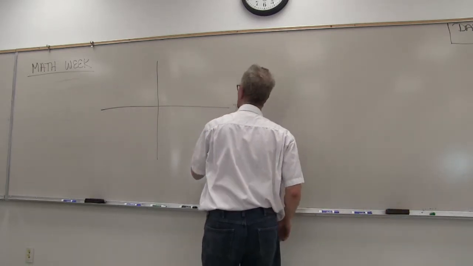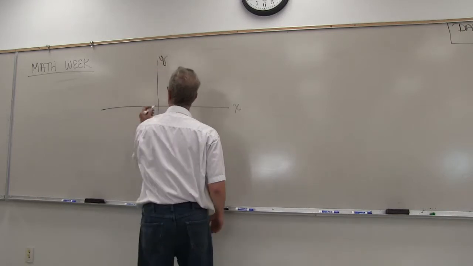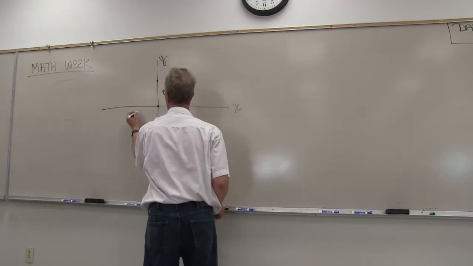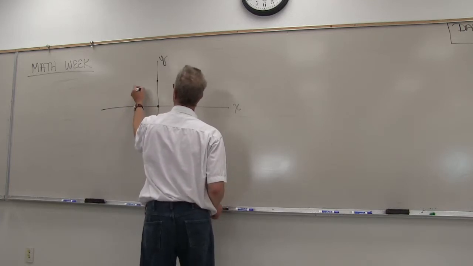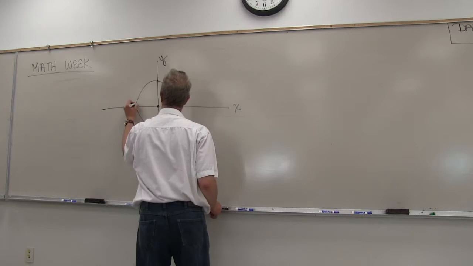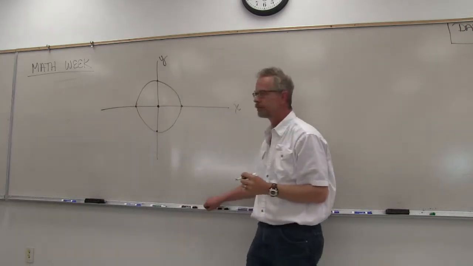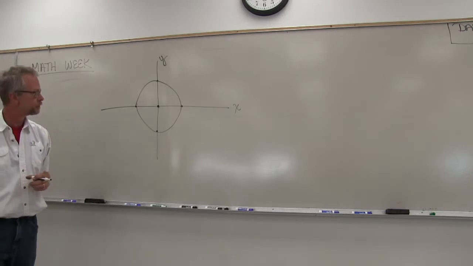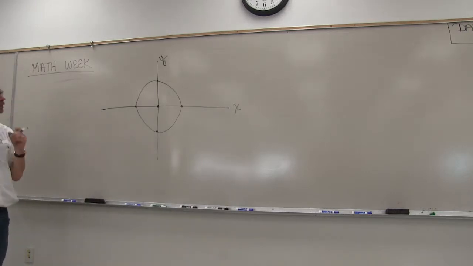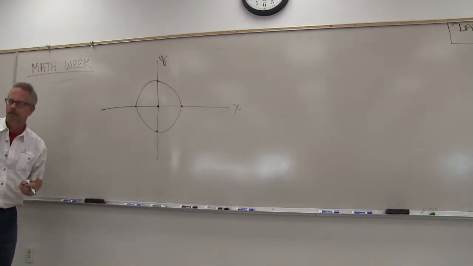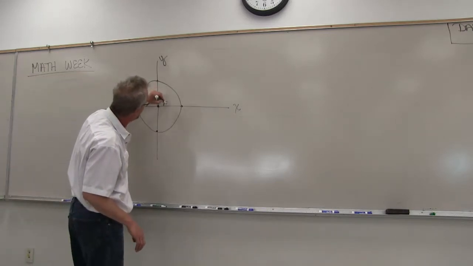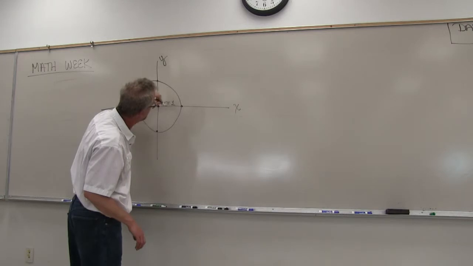X, Y, origin, and we're going to draw a circle. And the circle has a radius of 1.